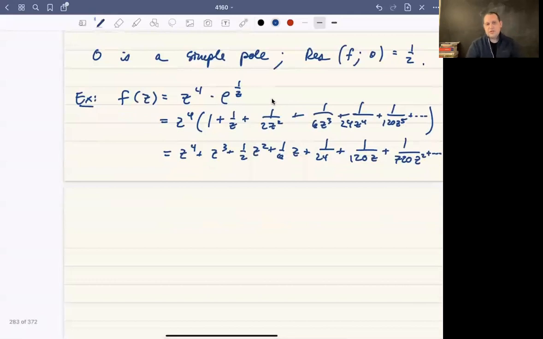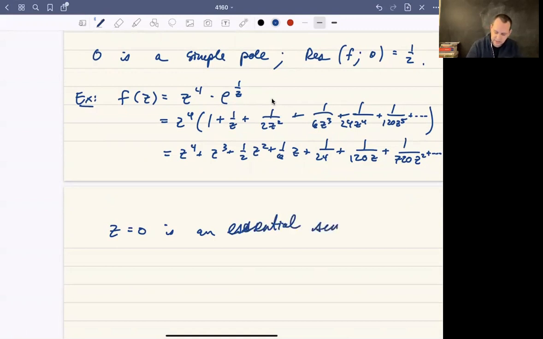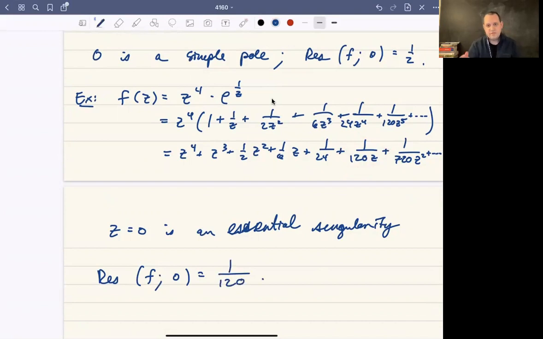Now all of the terms going forward will have a z in the denominator, and in particular, this means that z equals 0 is an essential singularity. Moreover, the residue of f at 0 is going to be the coefficient of the 1 over z term, so that's going to be 1 over 120. And that's the residue of f at 0.